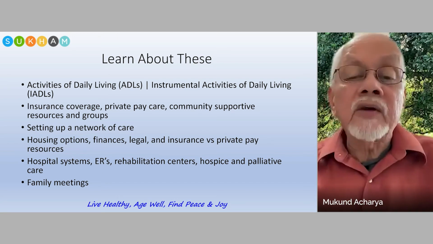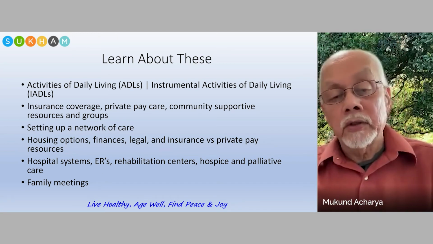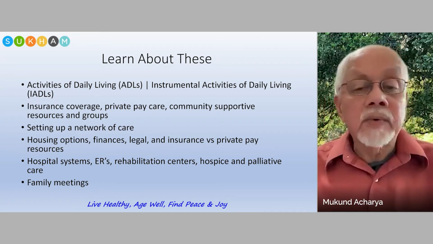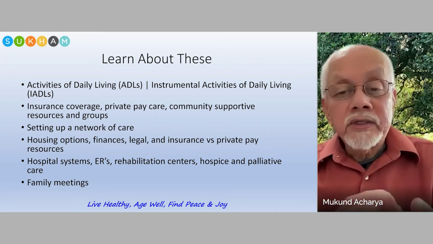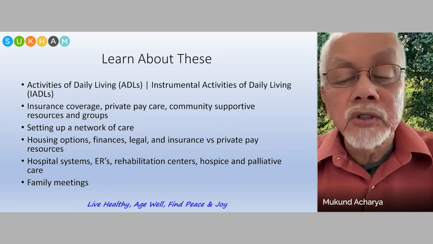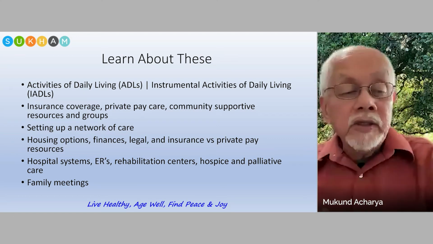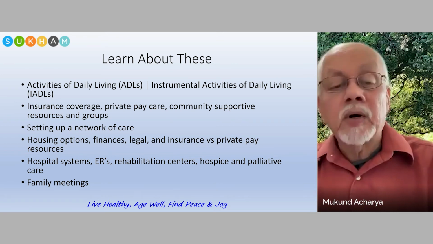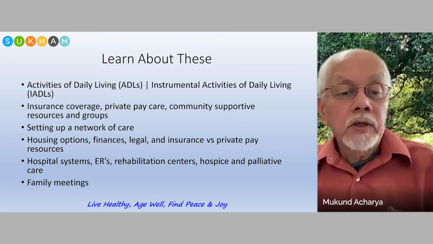If you had to pay for care, a nurse or an aide or a nanny or somebody to come help for a few hours, what does that cost in your community? What supportive resources and groups are available in your community? Be aware of that beforehand so that you're not responding to a crisis when it happens.